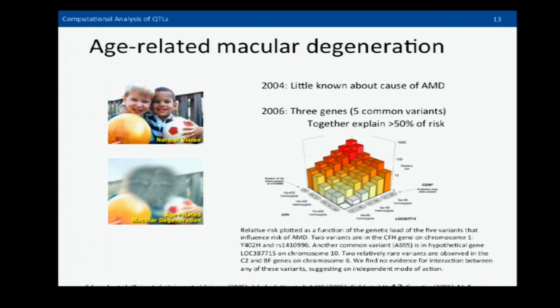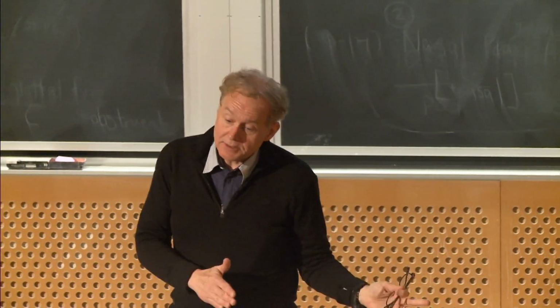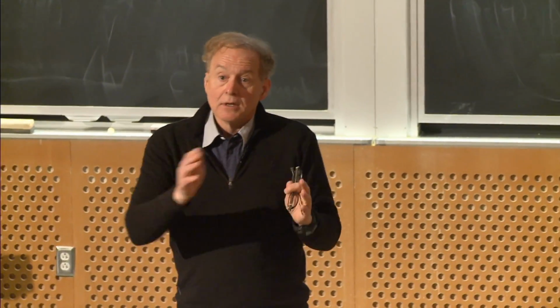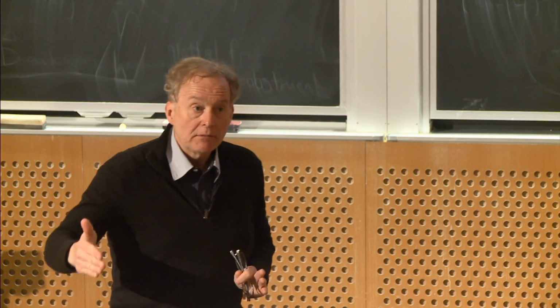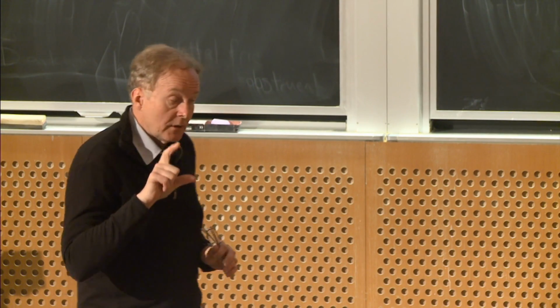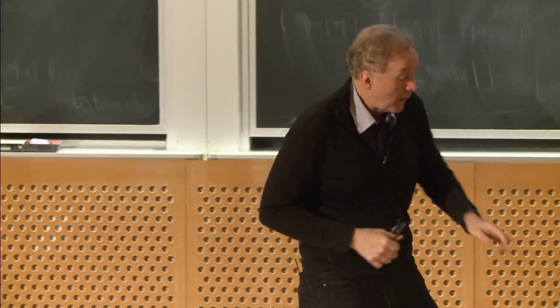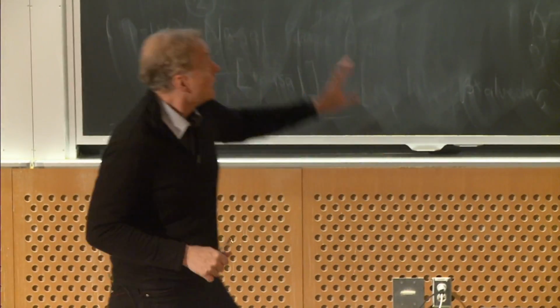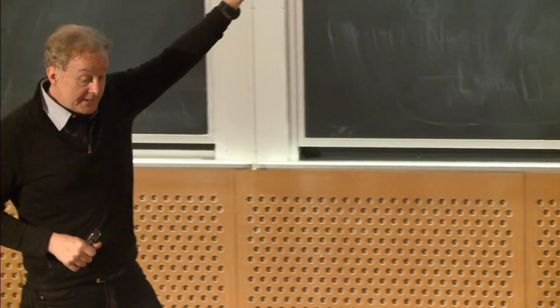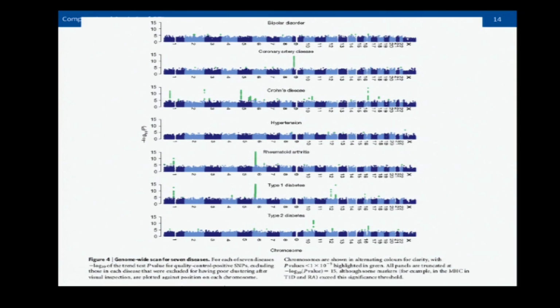Now using the same idea, right? The same idea as cases, controls, you look at each SNP individually and you query it for significance based upon a null model. You can take a wide range of common diseases and ask whether or not you can detect any genetic elements that might influence risk.